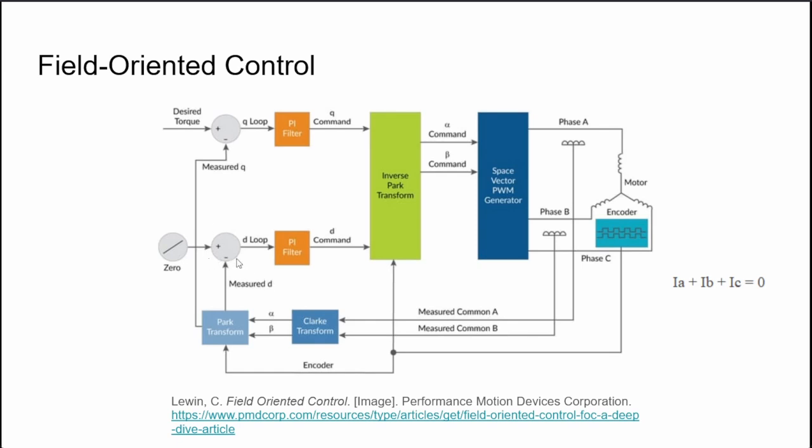These two numbers can finally be compared with our target torque and target direct force of 0 in order to calculate the errors, which are then put into the PI controllers. From there, the output commands of the controller are turned back into the rotating reference frame by adding that same encoder angle as before inside the inverse Park transform.